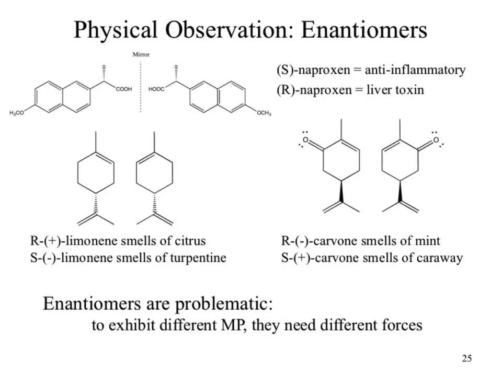Which means, to exhibit different melting points, they would need different forces. The problem here, all the forces are the same. They're mirror images of each other. So within a single enantiomer, how they stack and interact with each other is identical, which means the melting point for S-naproxen is the exact same as the melting point for R-naproxen.